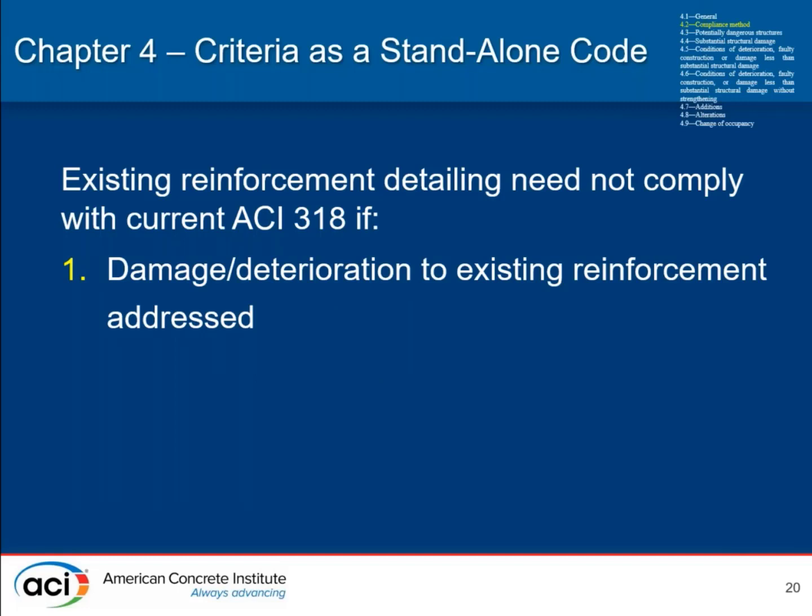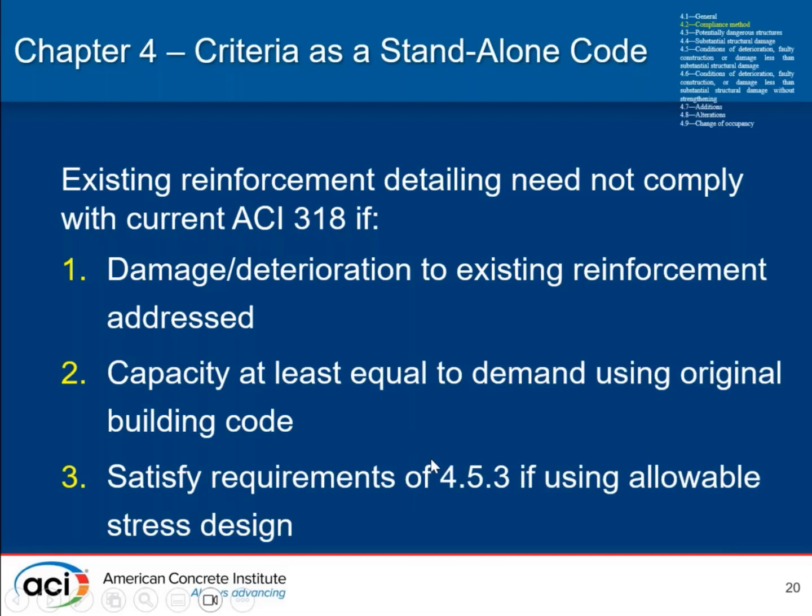The existing reinforcement could be designed to the original building code if damage or deterioration to existing reinforcement is addressed. The capacity has to be at least equal to the demand using the building code.